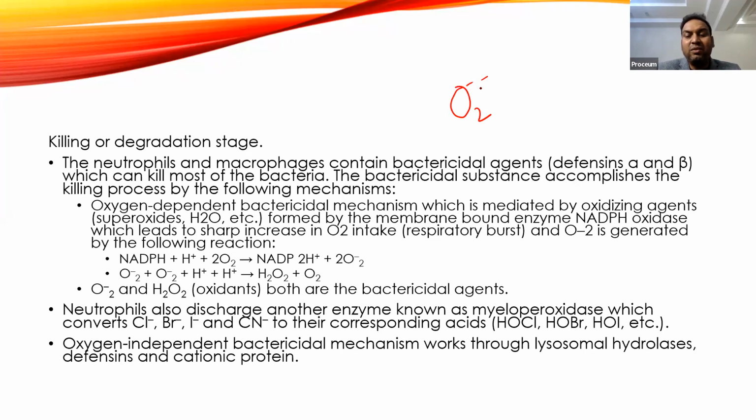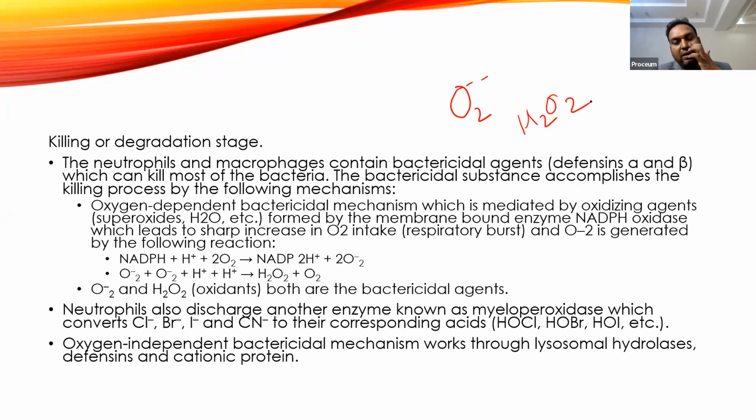This nascent oxygen is a very strong oxidizing agent, and it can oxidize any type of substance which comes in its way. Apart from this, they also produce peroxides, that is H2O2. H2O2 is also a very strong oxidizing agent, and it will try to oxidize the various bacterial proteins or bacterial lipids and try to kill the bacteria.